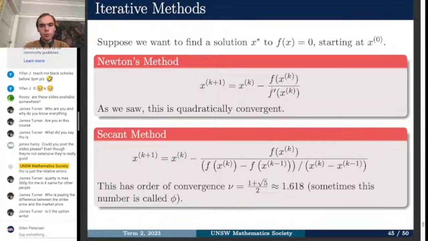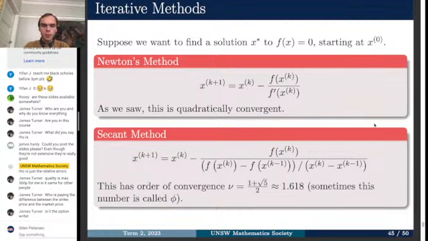If we don't have a nice way to compute the derivative at the current iterate, we can approximate it using this secant approximation to the derivative, using the current guess and the previous guess. If we substitute that into the denominator, we get the secant method iteration formula. This has an order of convergence a bit less than 2, and this is just the golden ratio.